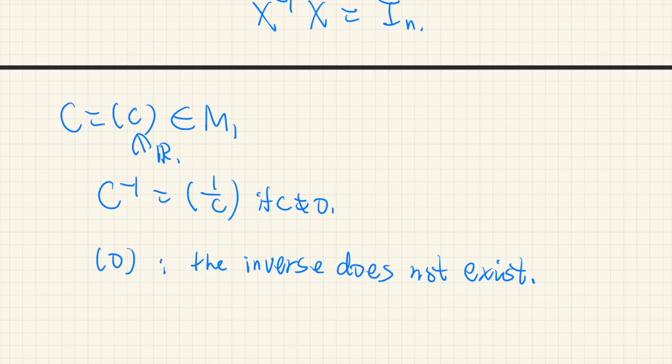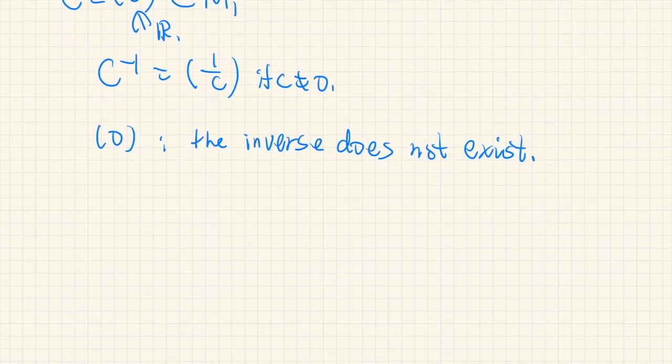Maybe this example is too trivial. Next, consider the 2 by 2 matrix consisting of only 0, the 2 by 2 zero matrix. For this one, there are no inverses. Why?